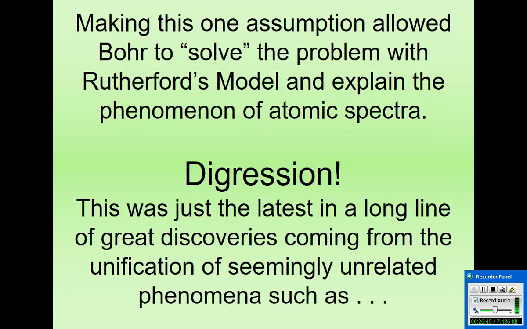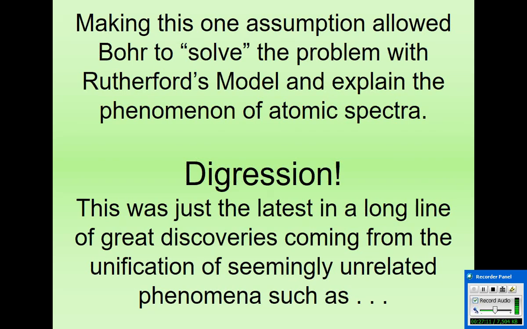By doing this one bit, he managed to combine the two issues of atomic spectra and the Rutherford model of the atom, took these two seemingly separate problems and showed that it can be condensed down to one problem. Now, the one problem is, why is the angular momentum quantized?